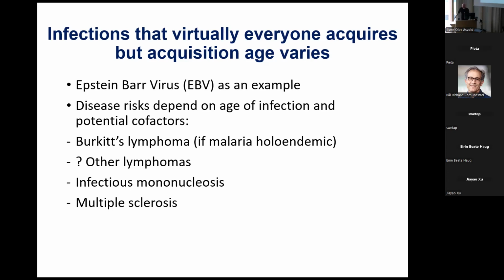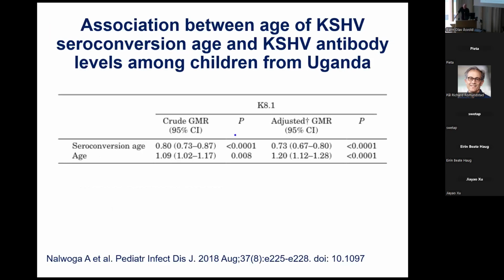But the age of infection could be an important cofactor. A condition where the age of infection really matters in terms of evidence of activity is with what used to be human herpes virus 8, and is now often referred to as Kaposi's sarcoma herpes virus. In Uganda, this is ubiquitous.